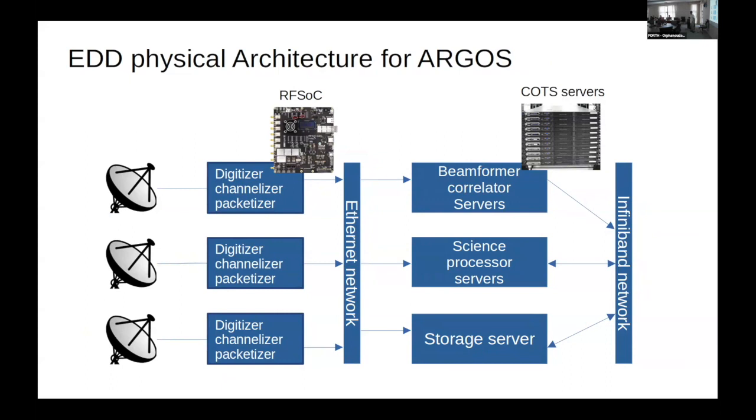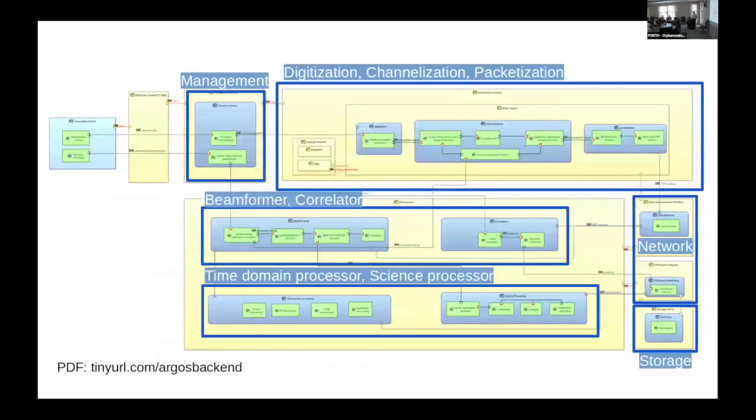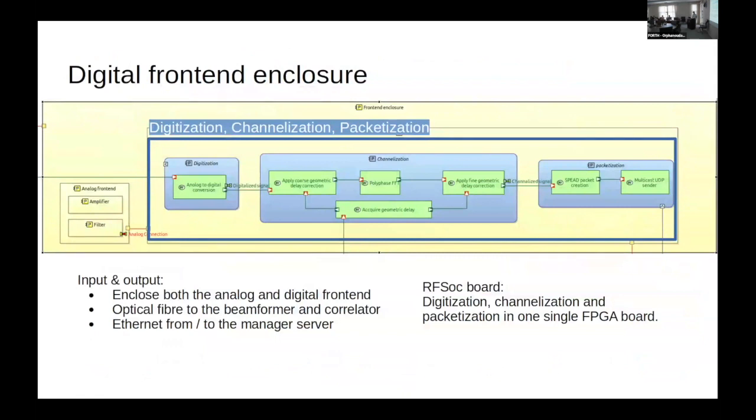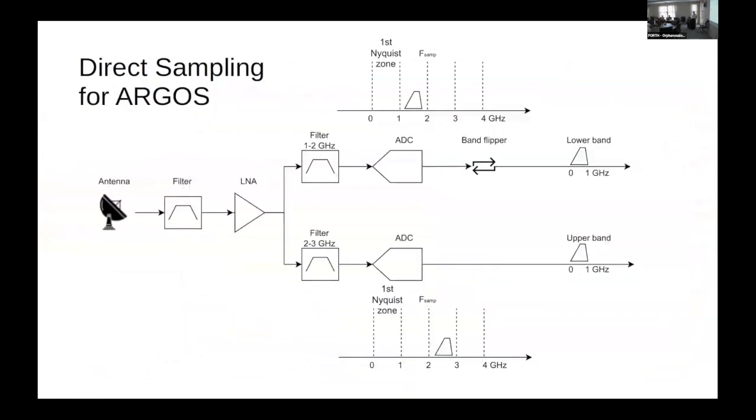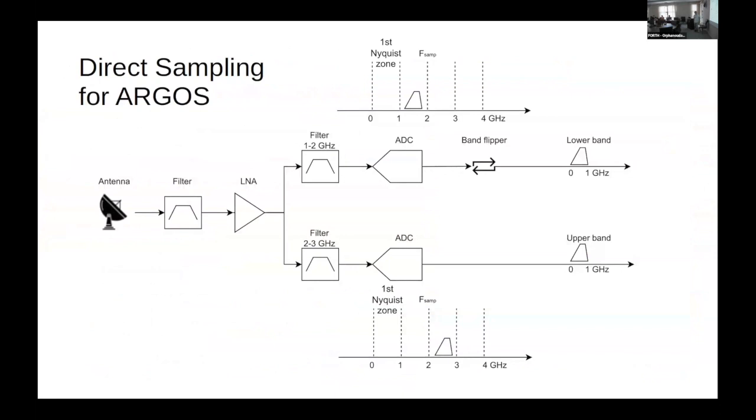Yeah. So basically the target for the frequency range is 1 to 3 gigahertz. For now, that's what we designed for. For the current design, the current ARGOS supports a bandwidth of 5 gigahertz and we use a decimator of 2, so the effective bandwidth is 2 gigahertz.